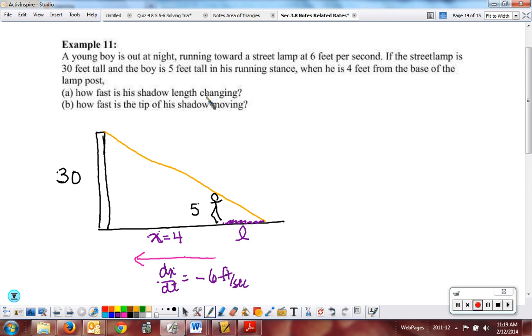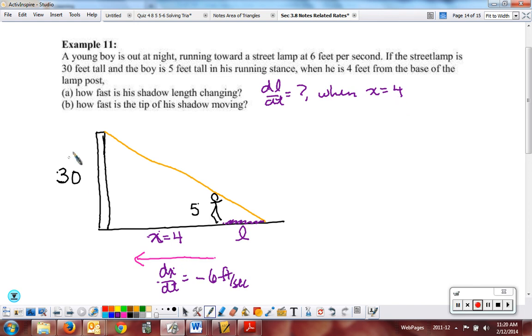Okay? All right, so question A, how fast is the shadow length changing? What are you trying to find? DL dt when x equals 4. What are my variables again here? X and L. How do I get a relationship between X and L? The similar triangles. See, they started to see a theme on this.